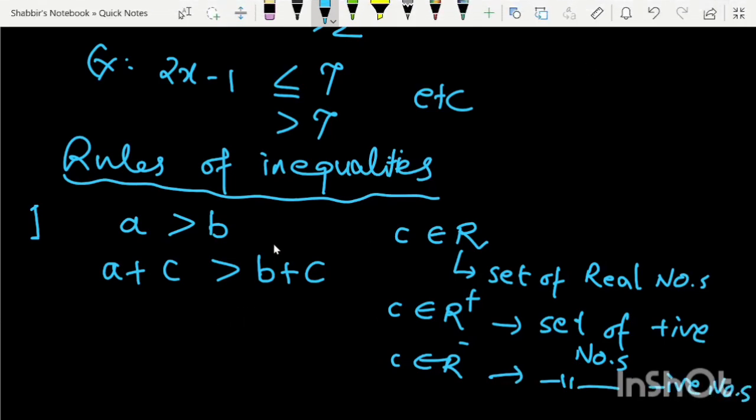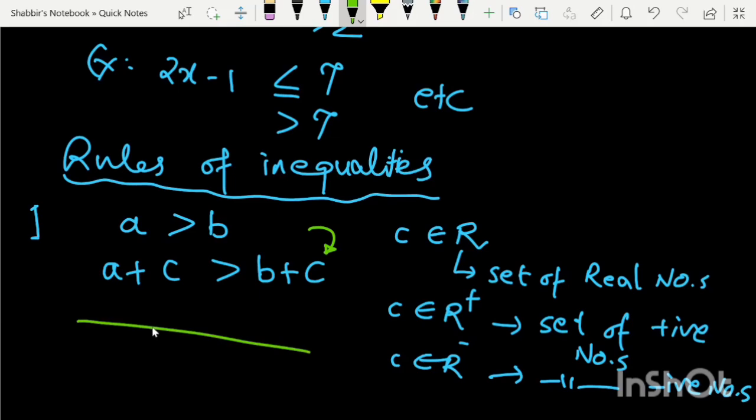Now here A greater than B, if I add a constant C, then the sign of inequality remains unchanged. C can be any number. The proof lies in the number line.